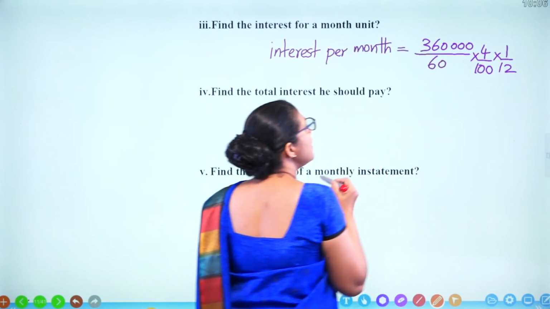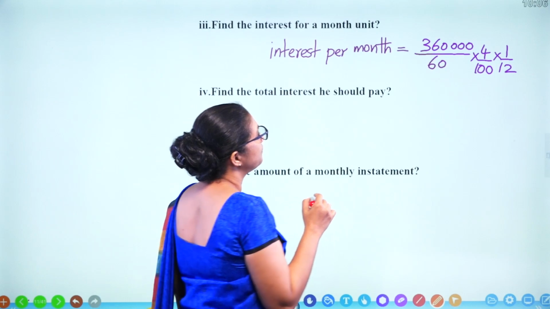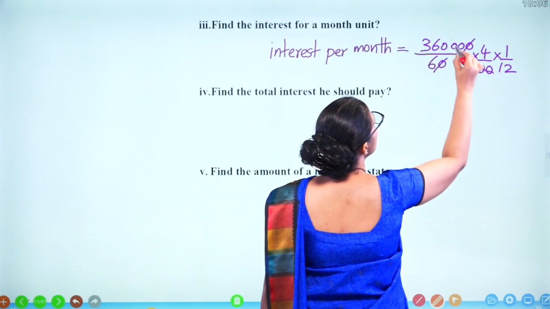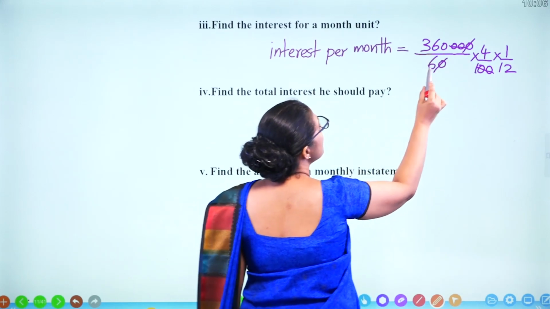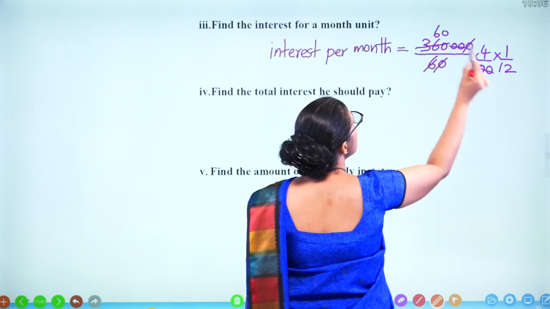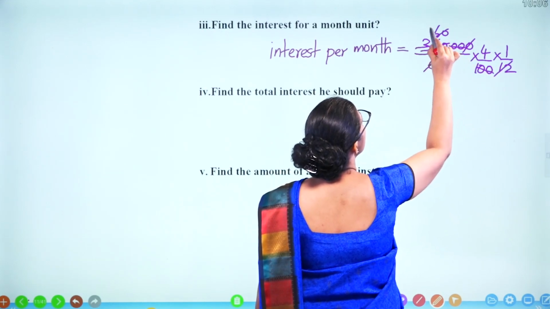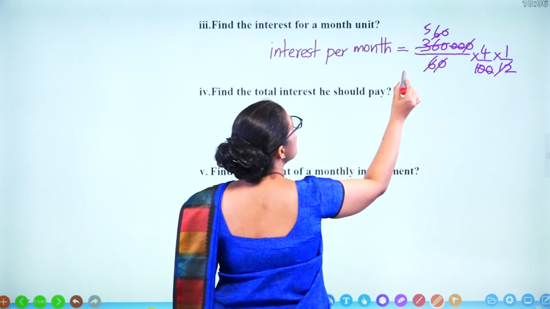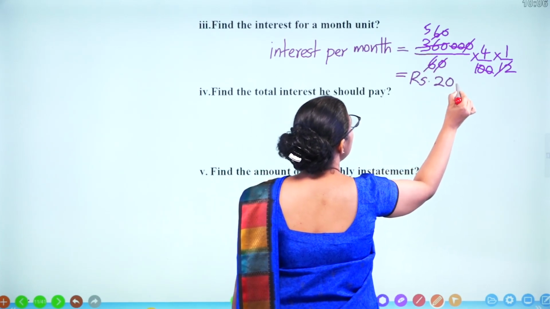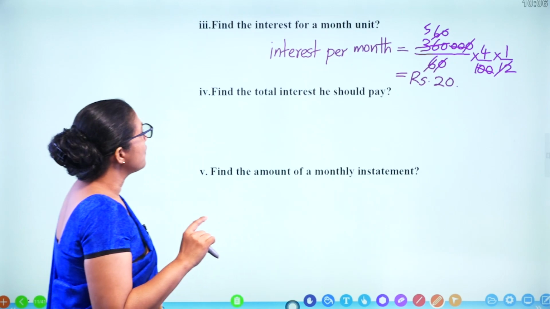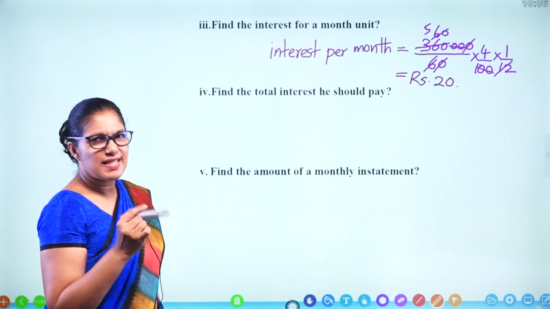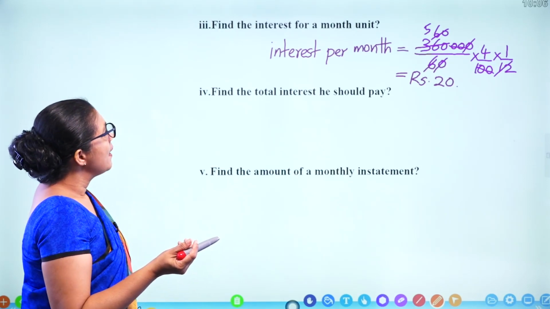That's the monthly interest. 6 times, 12 times 5, 5 times 4. 20 rupees for each month. Find the interest for a month unit. So that's the interest you have to pay.